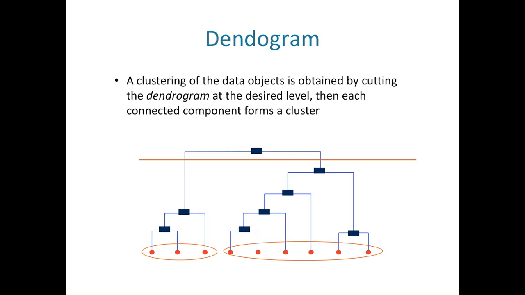In order to decide how many clusters we want, or what's a good number of clusters, we cut the dendrogram at the desired level. Imagine that we want two different clusters, like k equals 2. We put the cutting line on the dendrogram below the root node, because we know that the root node is branching out onto two other trees.